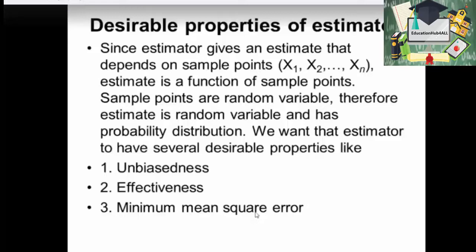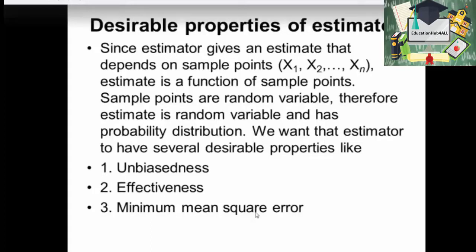Then the effectiveness, which means all the information in the sample has been used. There is some measurement of the effectiveness. Sometimes, let's say if we have a few samples, we just use 4 of them and some samples are not used.